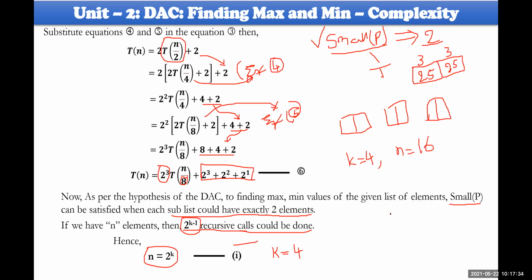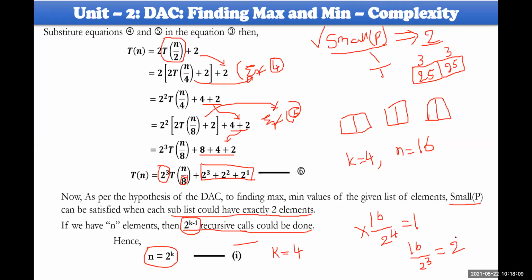So 16 divided by 2 power k, that is 2 power 4, will be equal to 1 actually. How many recursive calls will be done? If you do 4 recursive calls, obviously your sublist elements will be single, only 1, 1, 1, 1. So instead of doing this, what are we trying to do? 16 divided by 2 power 3, that is k minus 1, leads to 2. 16 by 8 equals 2.